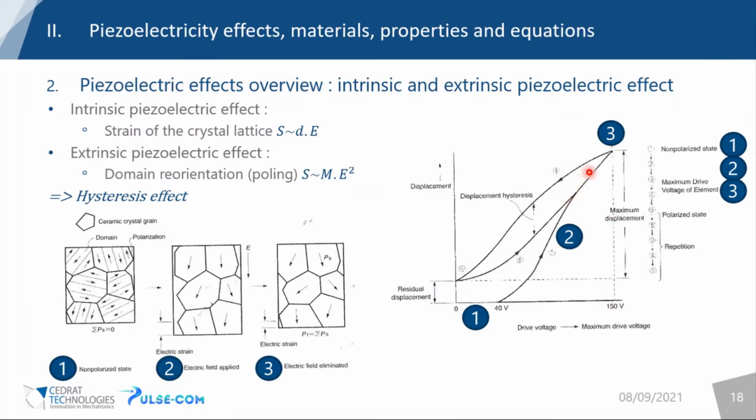And as long as we do not apply a voltage higher than 150 volts, we can, for instance, reduce the voltage and then apply voltage again, etc. And we have this hysteretic displacement with a residual displacement, which is linked to the polarized state.